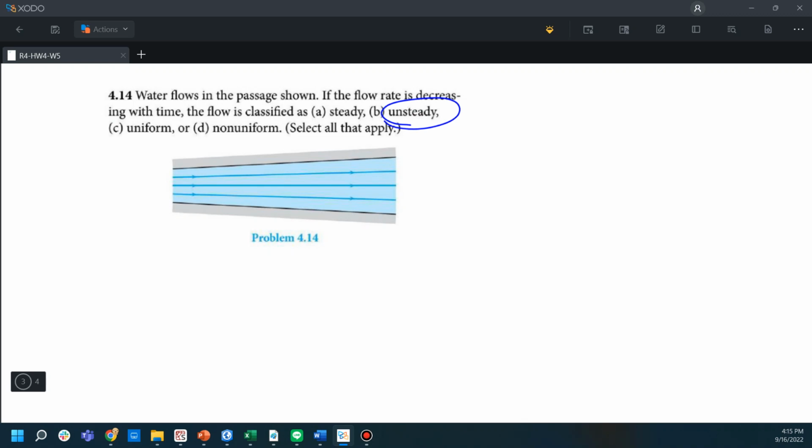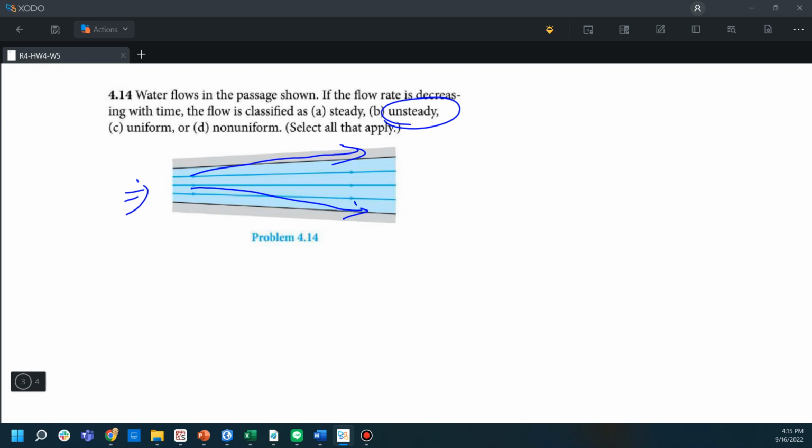And what is the definition for uniform flow and non-uniform flow? So the definition is that the flow line, the streamline, has to be parallel in order to be the uniform flow. But according to the figure that we see here, those streamlines or flow lines are not parallel to each other because it goes up and a little bit down here.